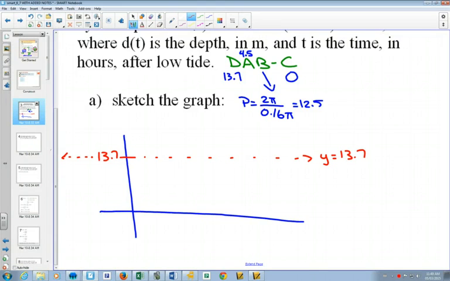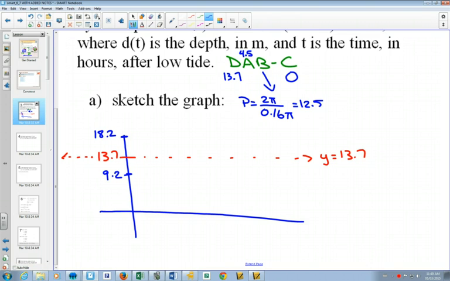Then if your amplitude is 4.5, I would sort of estimate 4.5 would go down to there and up to there. Now 13.7 plus 4.5 will take us to 18.2, and 13.7 minus 4.5 will take us down to 9.2. So now we know what our maximum and our minimum are.